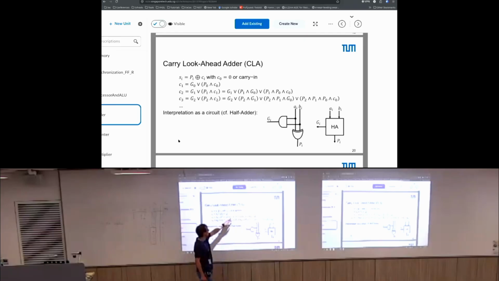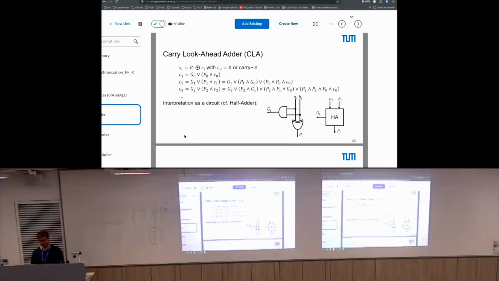So then we have our G1, either G1 generates, or we have a P1 and a generate at the stage before, or we have a P1 and also a propagate at the stage before and a carry in into the stage before, and so on. And this is just continued until you have all bits.